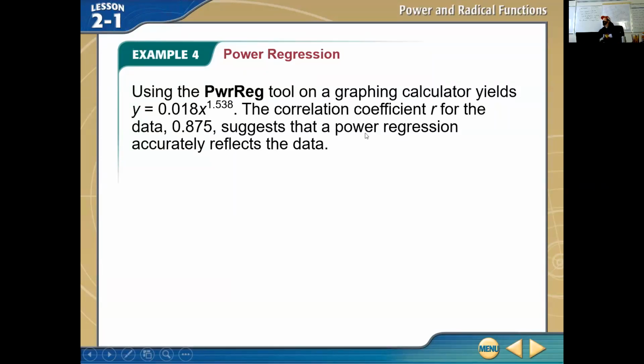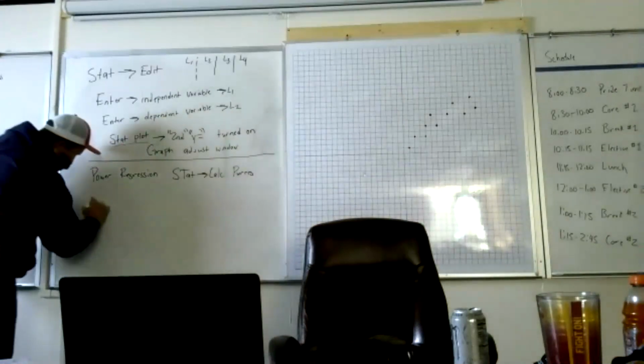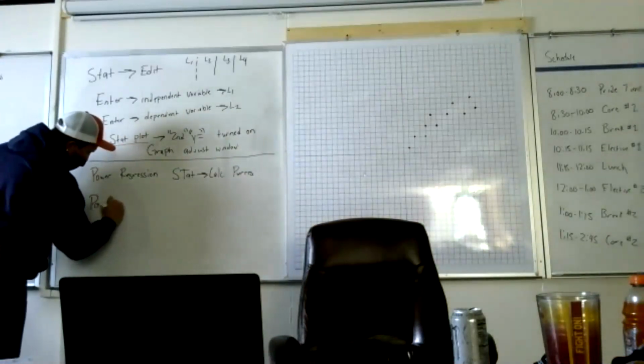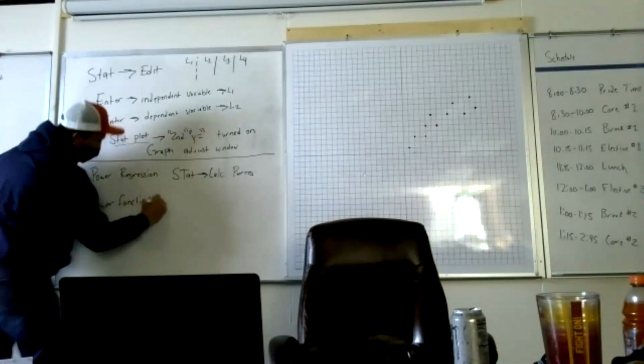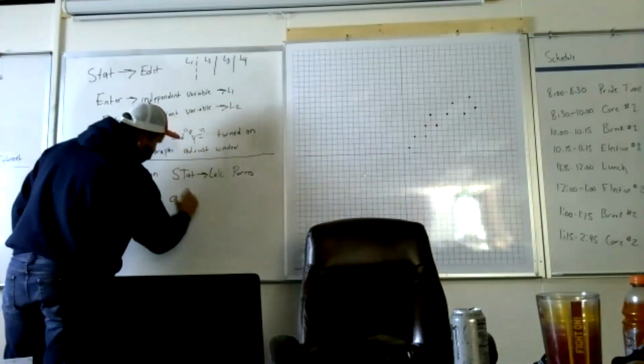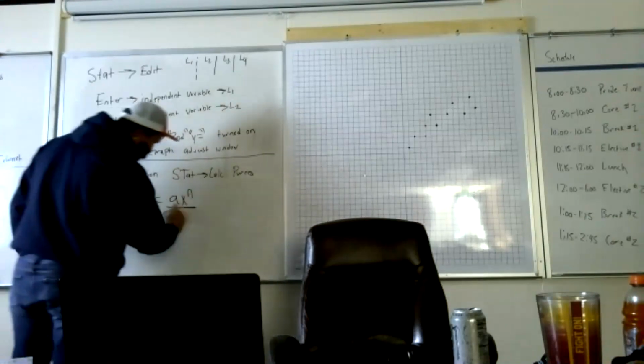Okay, it's going to give you this, but the format at which it's going to give it to you is a little bit funky. And it's because you have to remember that power functions fit this form, a times x to the n. Okay, they always fit this form.